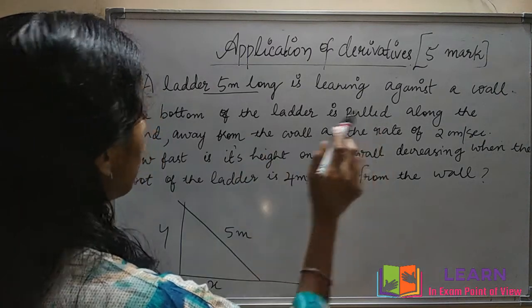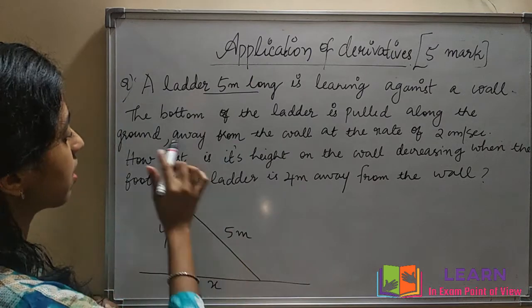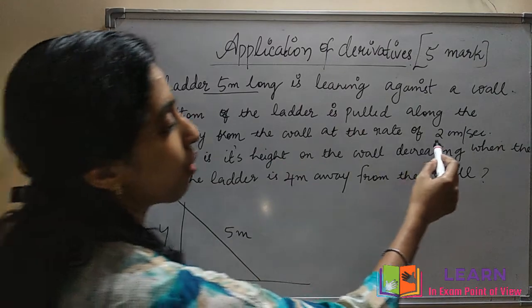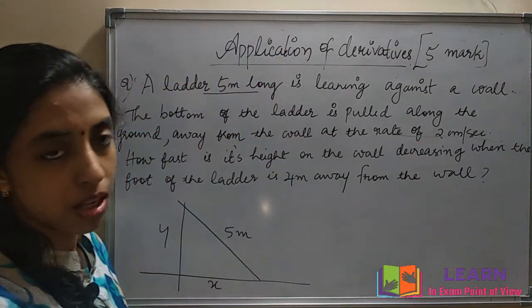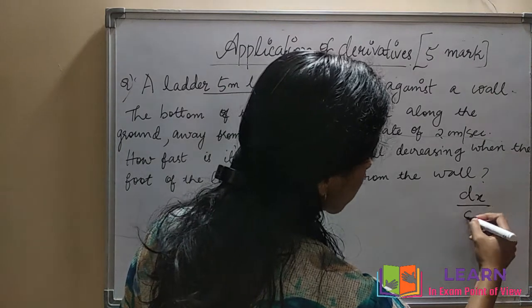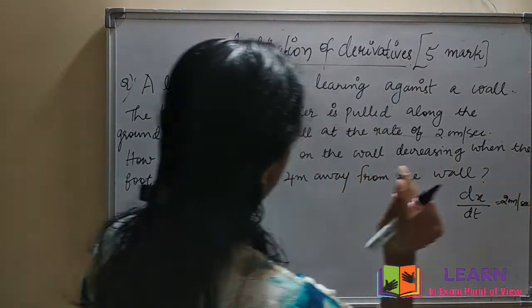Then what other things are given? The bottom of the ladder, that means this x, is pulled along the ground away from the wall at the rate of 2 centimeter per second. That is, its rate dx/dt is 2 centimeter per second.